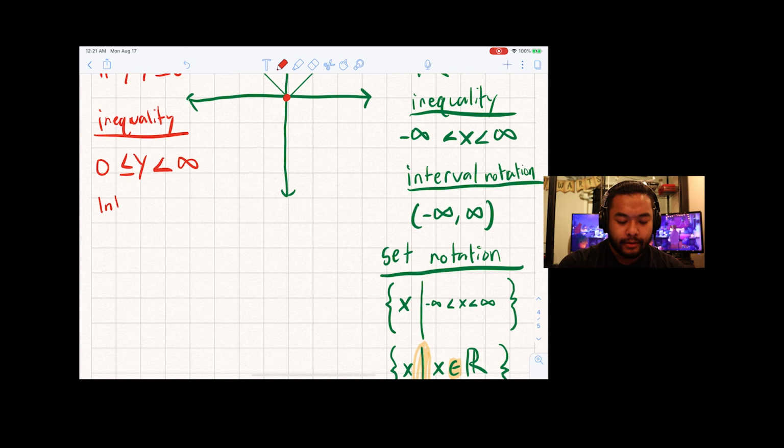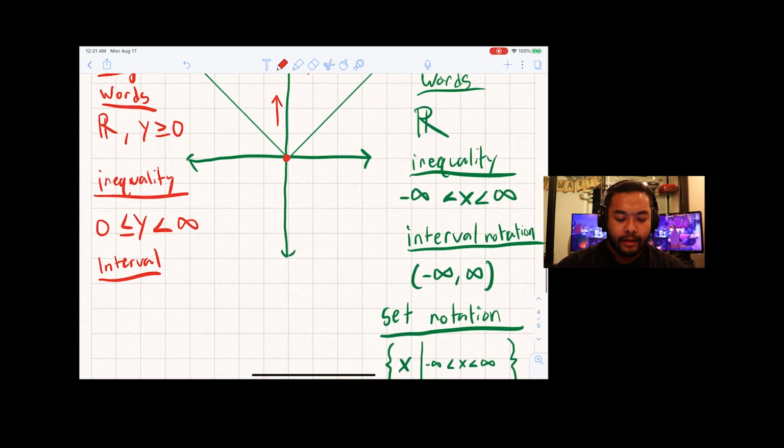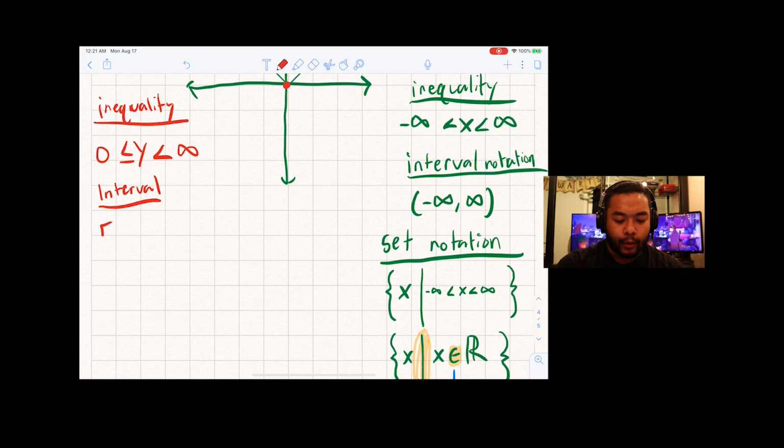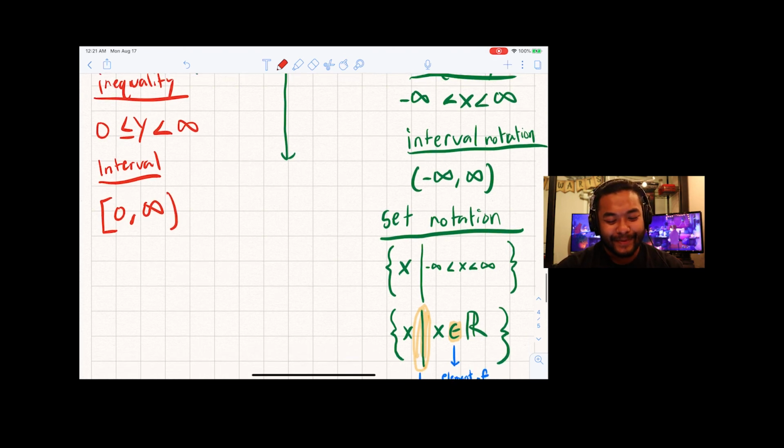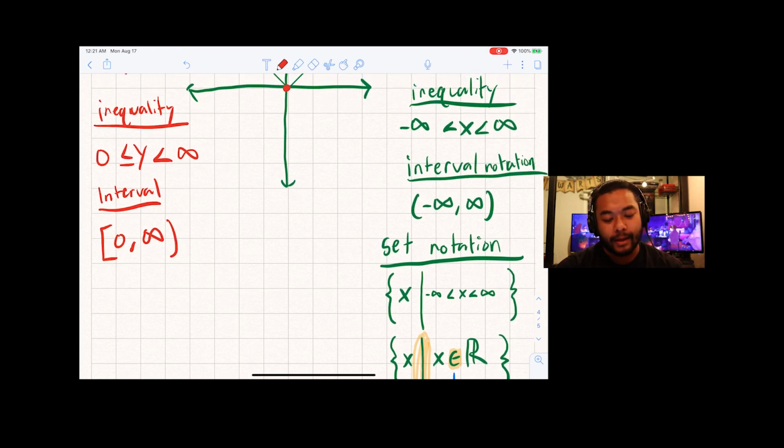In interval notation, we have closed brackets, 0, because it's equal to 0, but greater than, and keeps going all the way to infinity. Infinity! And beyond. And so we have open parentheses for the infinity symbol because we can never equal infinity.